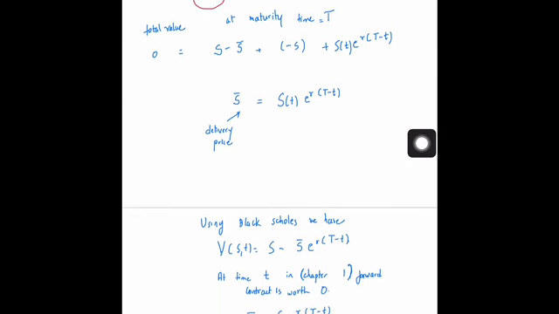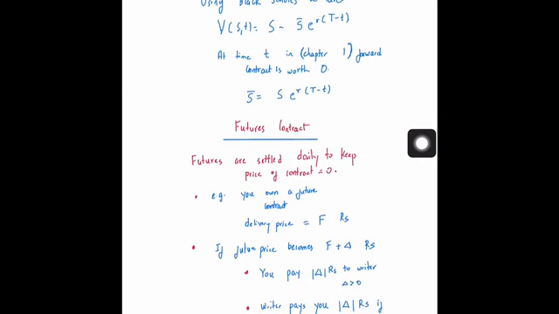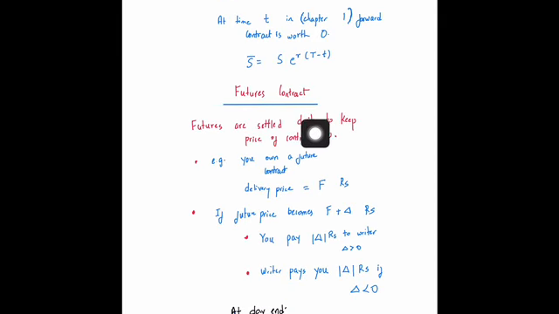Okay, now we will construct futures contracts. Futures contracts are like forward contracts, but they are settled every day to make sure that at the end of the day, the price of the contract is equal to 0.